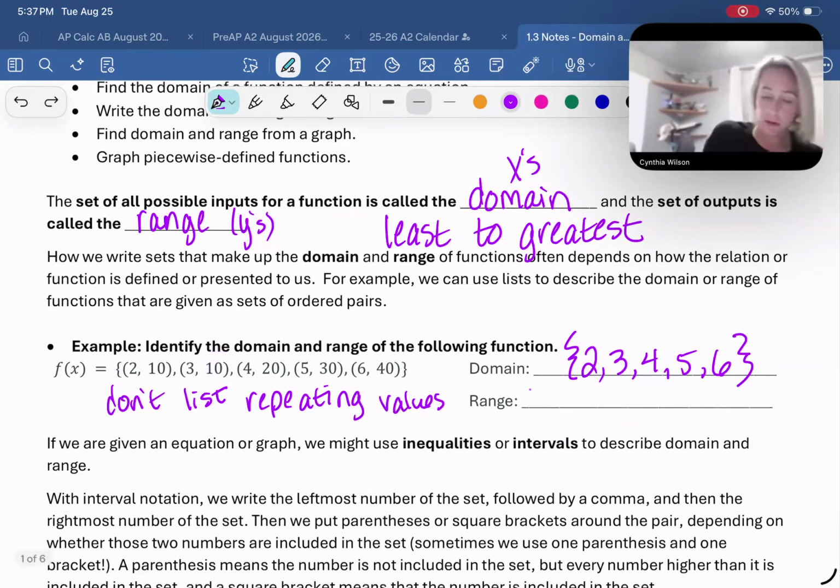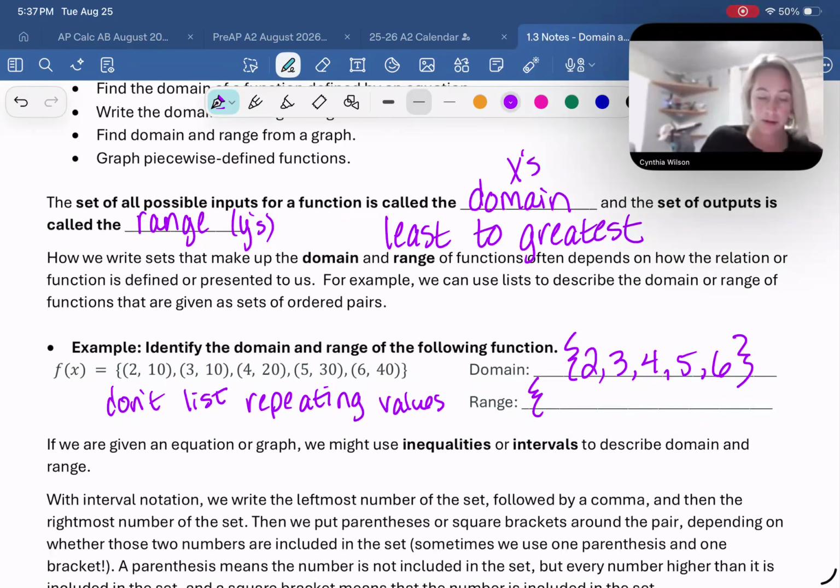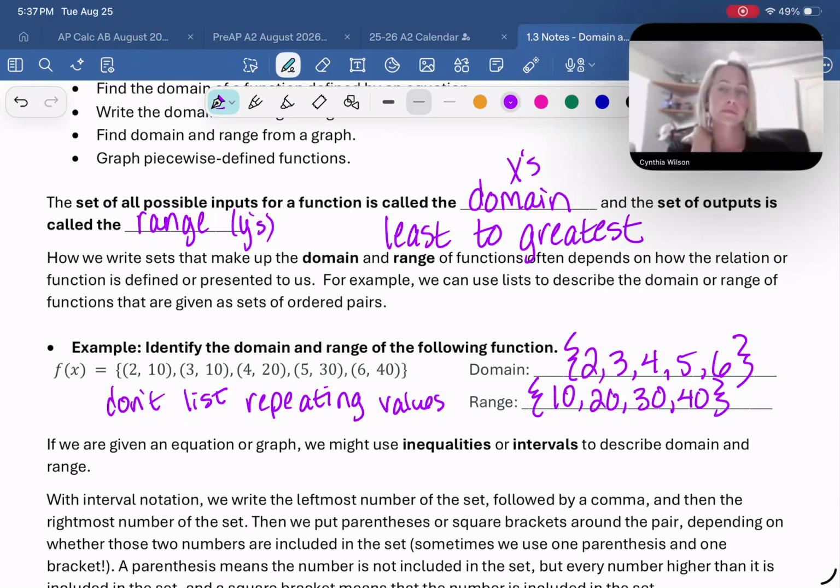So we do another brace. Smallest y is the 10. It's there twice, but you only list it once. And then the next ones there are 20 and 30 and then 40. So it's pretty straightforward when you're given individual ordered pairs. In order from least to greatest, and if it's repeated, only list it the one time.